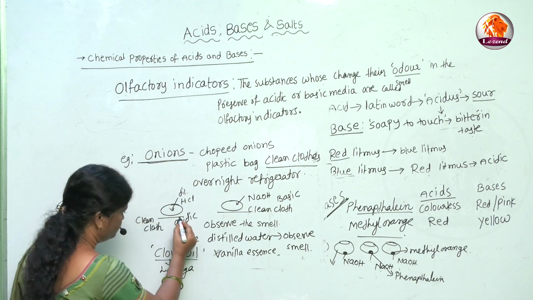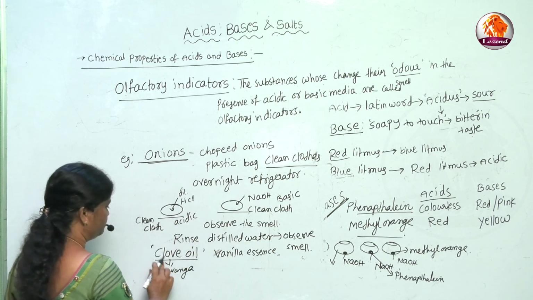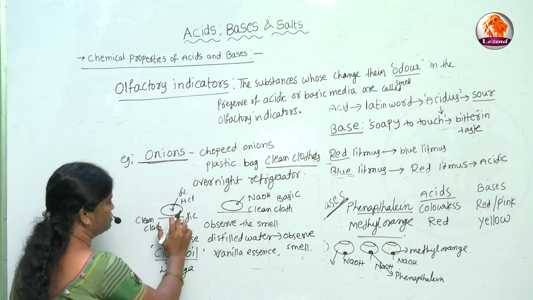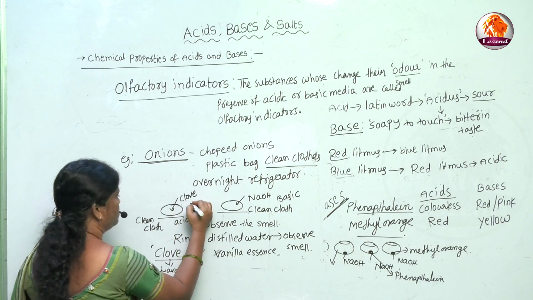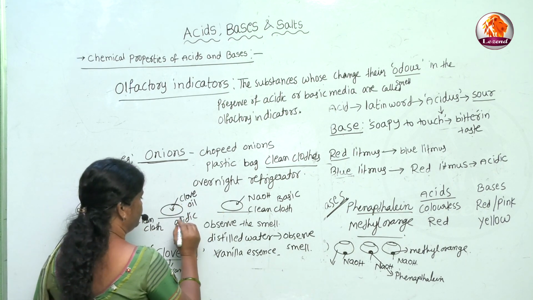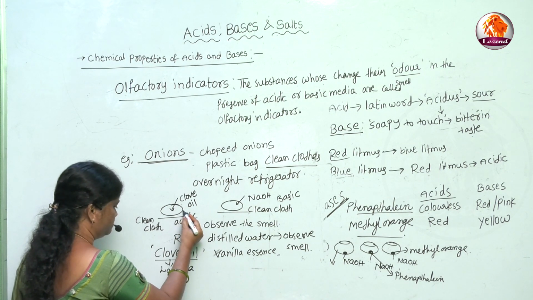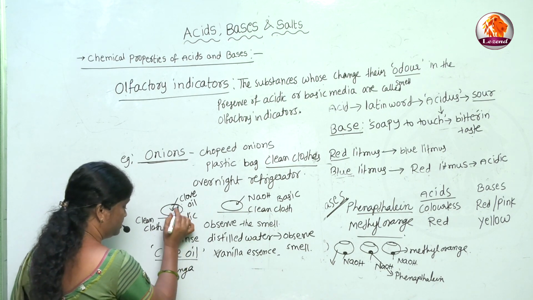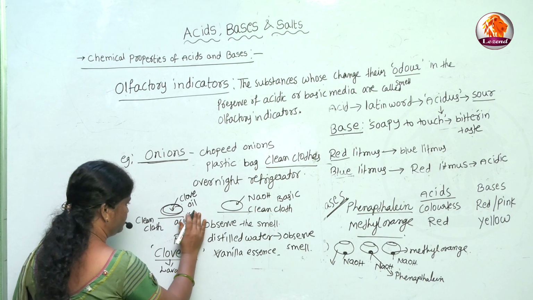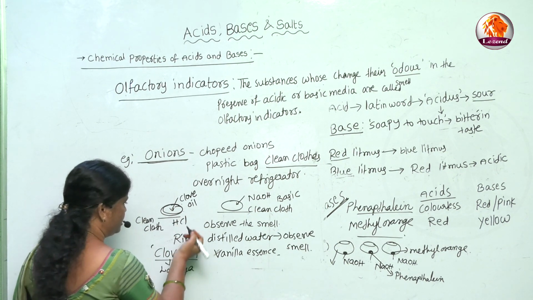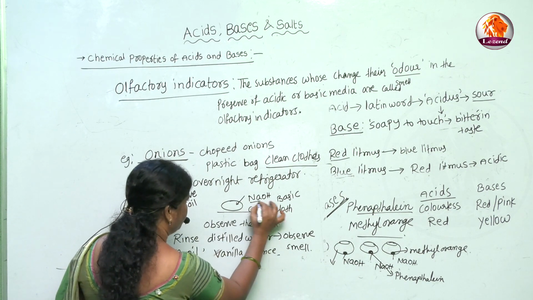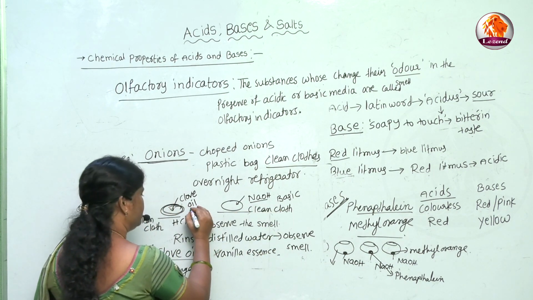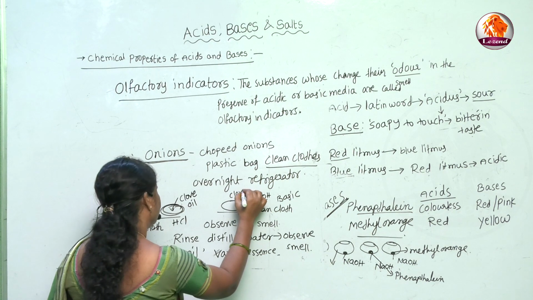Here again take two clean cloths and put a few drops of clove oil on one of them. Take hydrochloric acid in one watch glass, and sodium hydroxide in another watch glass, and put clove oil in both watch glasses.